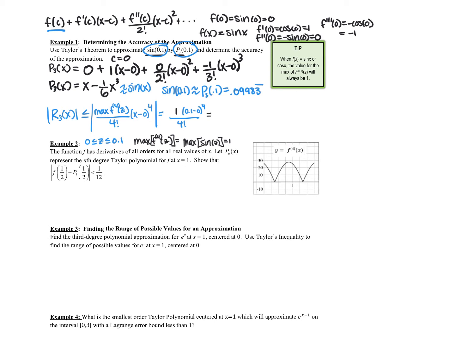Okay, so then this value, when we calculate this, is going to be 0.0000416. So our remainder, or our error, is going to be less than that. This is our max error, or our Lagrange error bound.